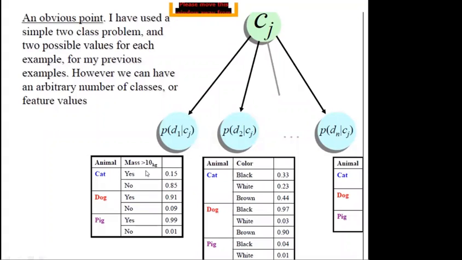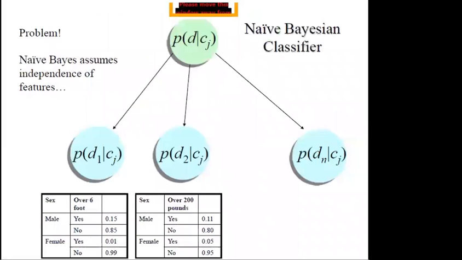Cat, if the mass is less than 10 kg, what is the probability? Dog, if the mass is greater than 10 kg, what is the probability? If it is less than, what is the probability? For each and everything, you need to find out the probability based on that table. Color also, probabilities you have to write down. And then we'll apply the formula and do the multiplication.